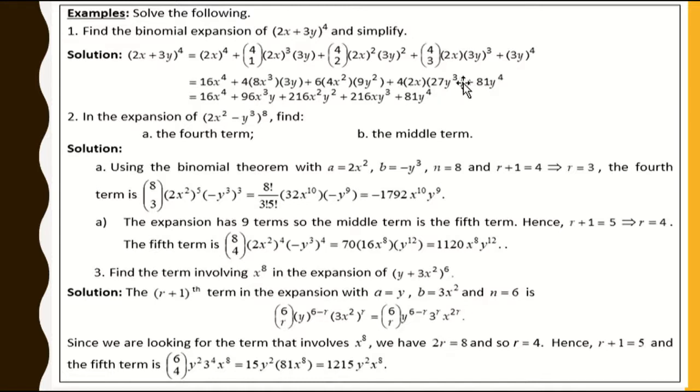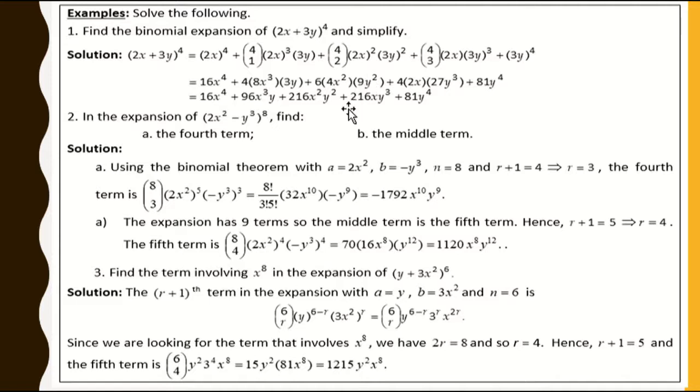Okay, back here. So, 2x, copy, then 3 cubed is 27, then y cubed. Plus, 3 to the power of 4 is 81, y to the power of 4. So, simplify, combining like terms if there are any. Okay, 16x to the power of 4 plus 8 times 4 times 3 is 96 x cubed y plus 6 times 4 times 9 is 216 x squared y squared.